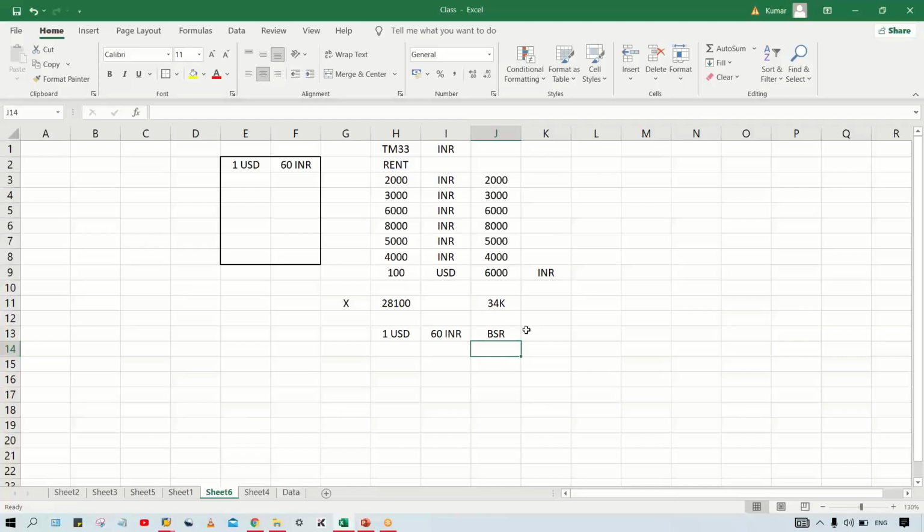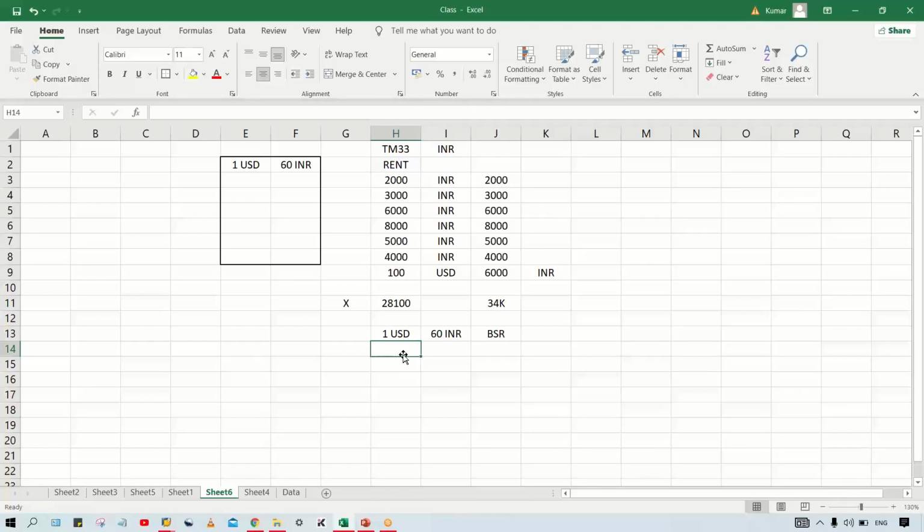Now, at this rate, the bank is selling US dollars. Let's suppose I spend my holidays and come back. Now certain US dollars are there in my hand or in your hand. There is no need of US dollars here in India, so in that case we have to convert that US dollar into local currency, guys. Again, you have to visit the bank.